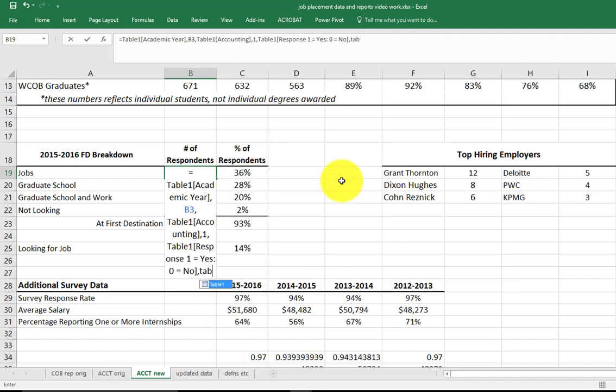And finally, do they have a job? Actually, this is not finally. Do one other thing. Okay, so jobs equal to 1, but they are not going to graduate school.